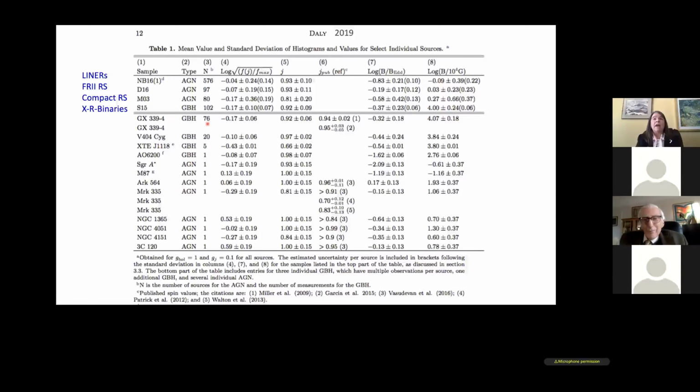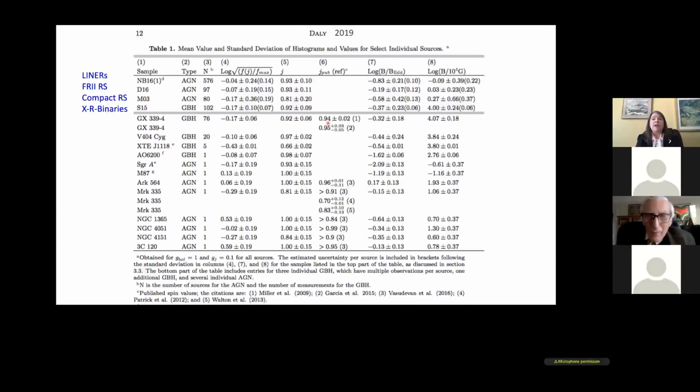So you want to have simultaneous measurements so that you're comparing the beam power and the radio power, or bolometric luminosity and beam power, at the same instant. And you can see that the spin obtained with this method, which I call the outflow method, obtained with these 76 measurements, comes in at around 0.92 plus or minus 0.06.